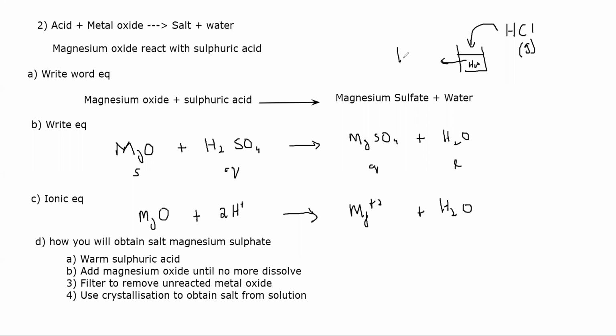It is also HCl, but it is aqueous HCl. Aqueous HCl means that HCl is mixed or dissolved in water. So when a substance dissolves in water, we call it aqueous. When a substance has a state like liquid or gas, we just write l or g.